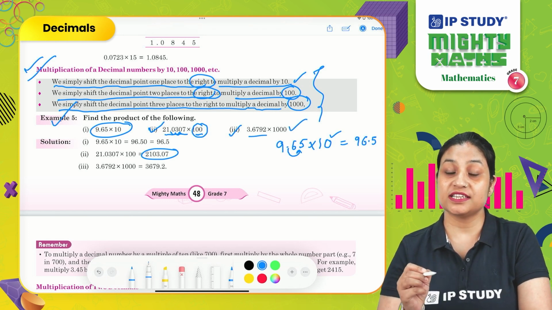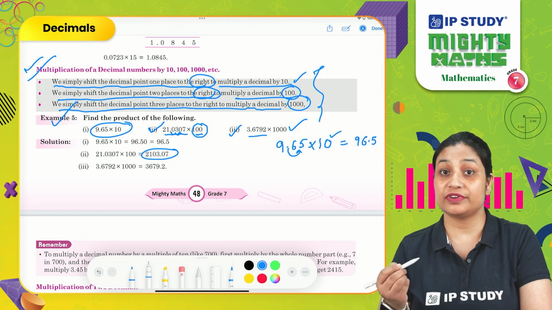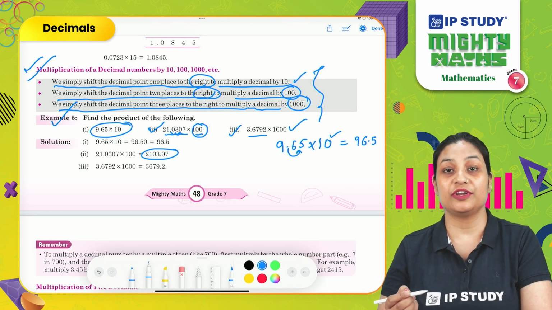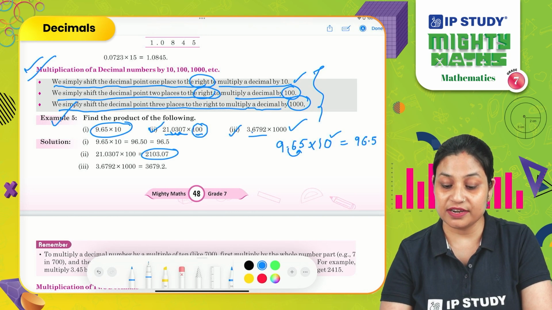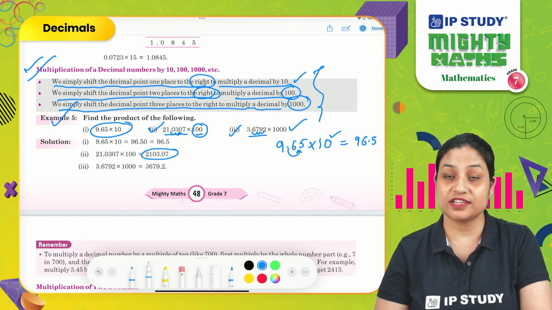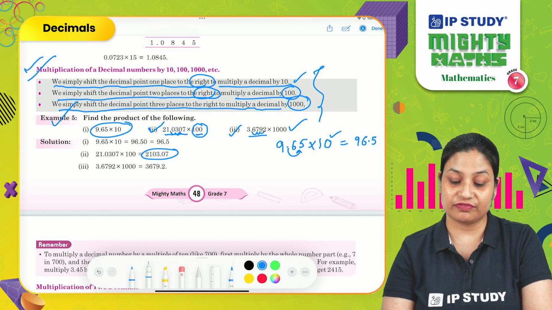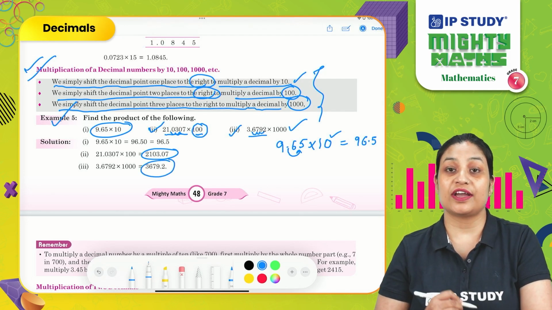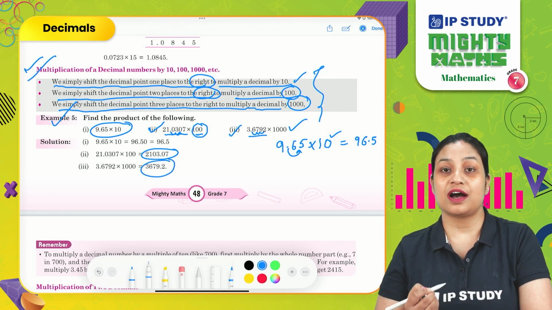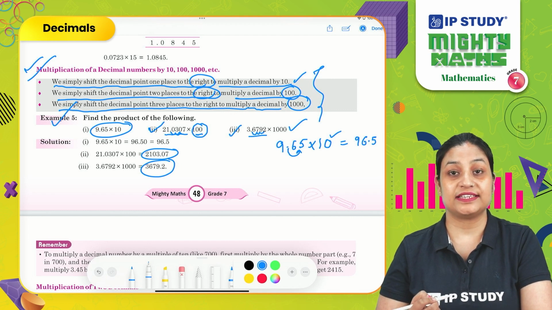How many places do you have to shift the decimal towards the right? 3 places, because we are multiplying this number by 1000. So let's shift it towards the right: 1, 2 and 3. Your result will be 3679.2, right? I hope you have understood how to multiply a decimal number by 10, 100 or 1000.